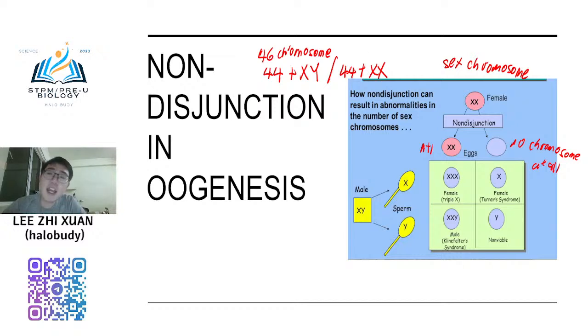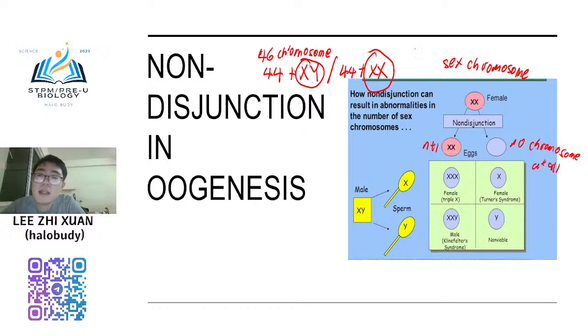And the non-disjunction only occurs in the sex chromosomes. So either it contains plus 1 or minus 1, meaning there is an extra one.